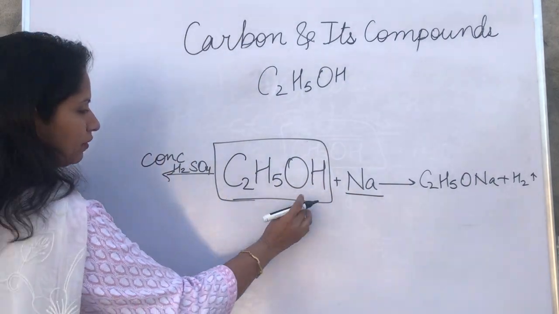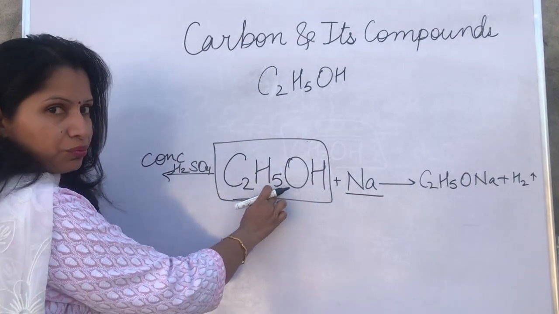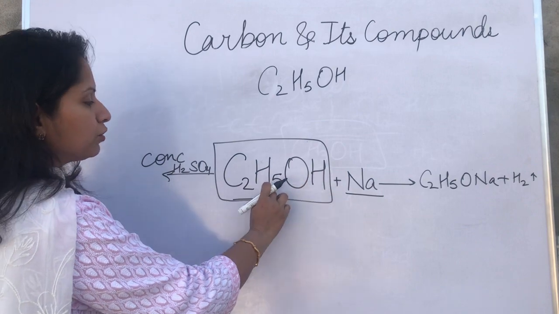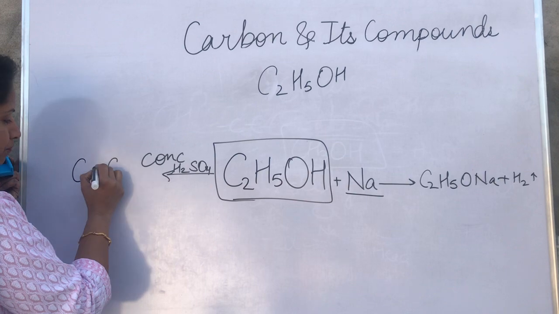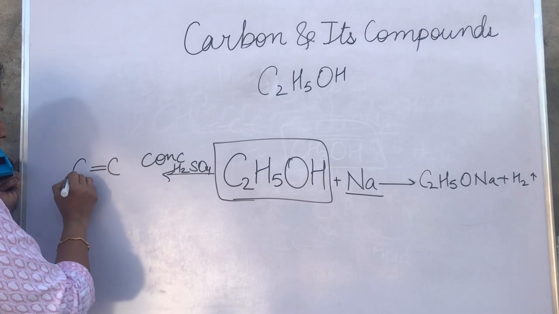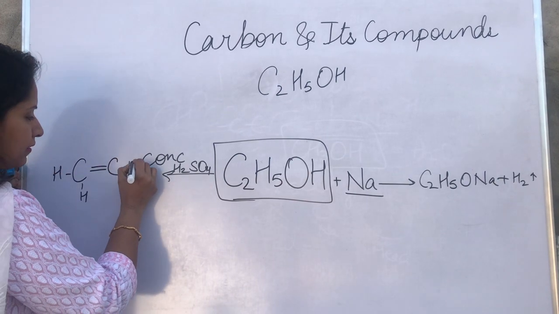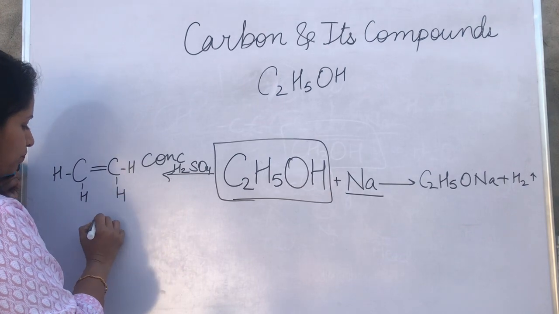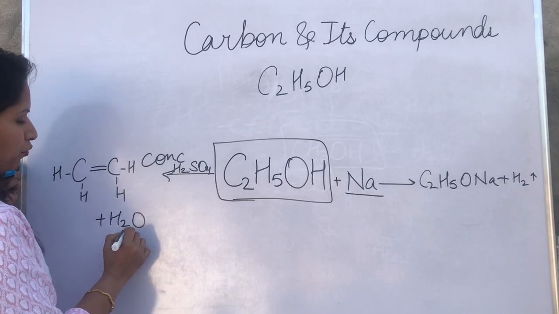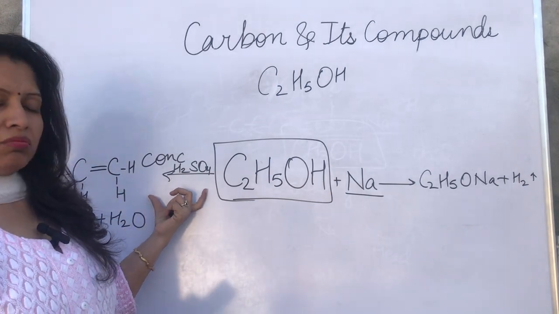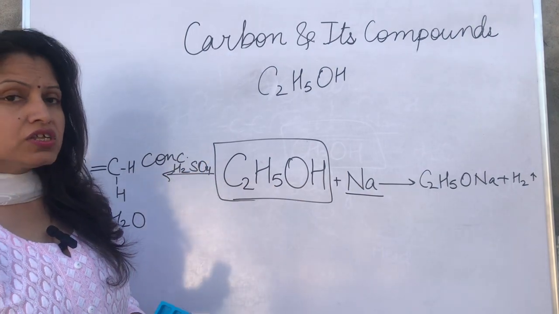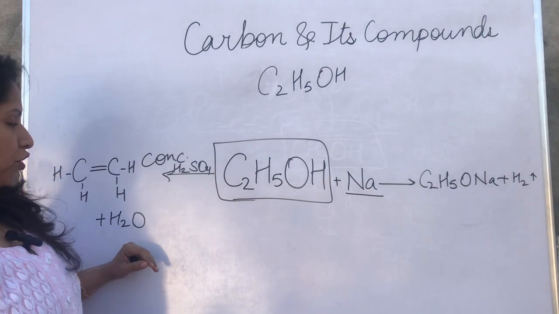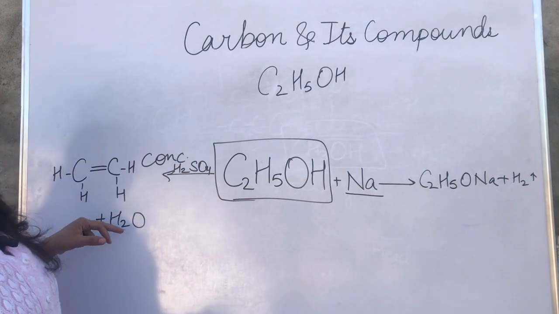OH is removed, one H is removed, HOH is water. So what will be remaining? C2H4, that is ethene. We will get alkene, that is ethene, plus water will be removed, because always remember that concentrated sulfuric acid is a dehydrating agent.